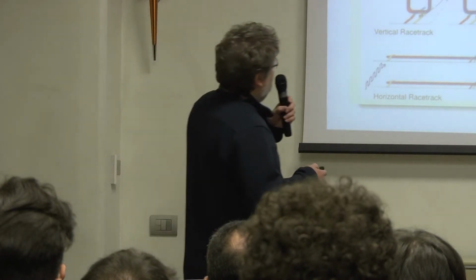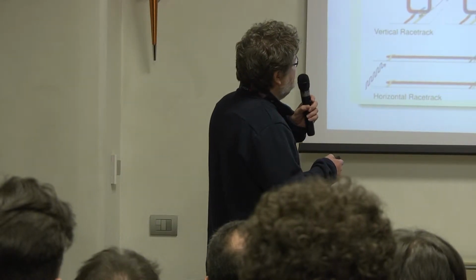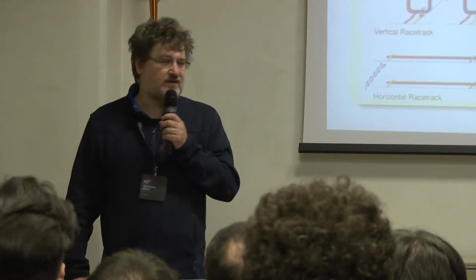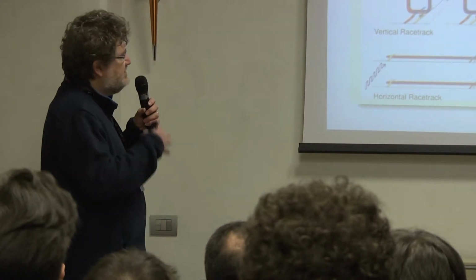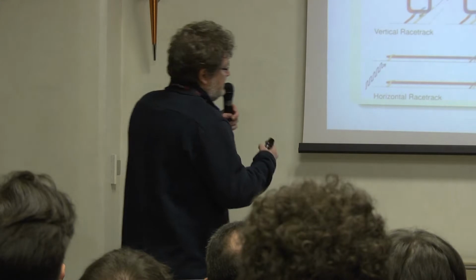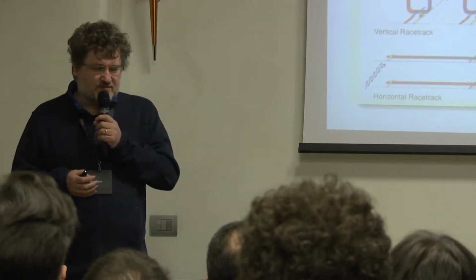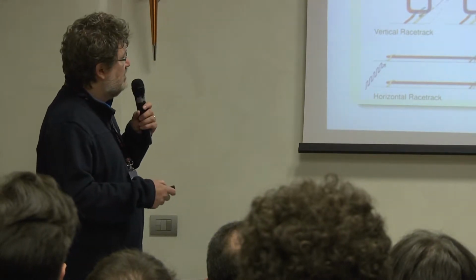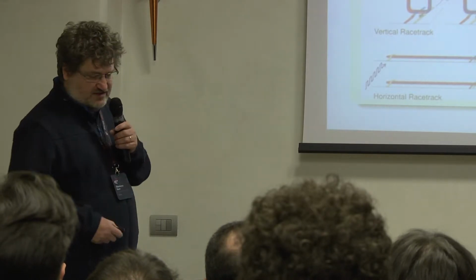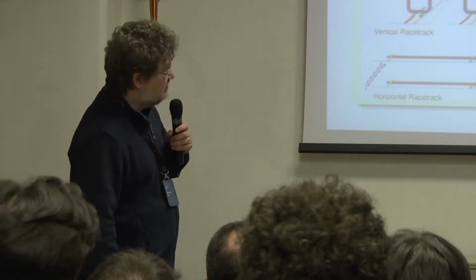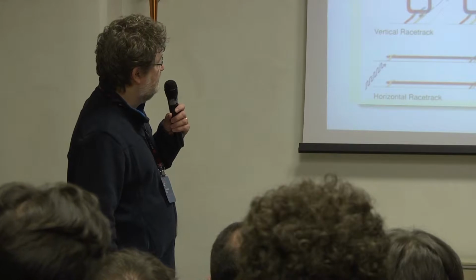Domain walls are these interfaces between 0 and 1s, okay? Just to understand. So there is a sort of, the scientific community in magnetism is very happy to work on this type of new devices because they seem to be the next generation of devices.